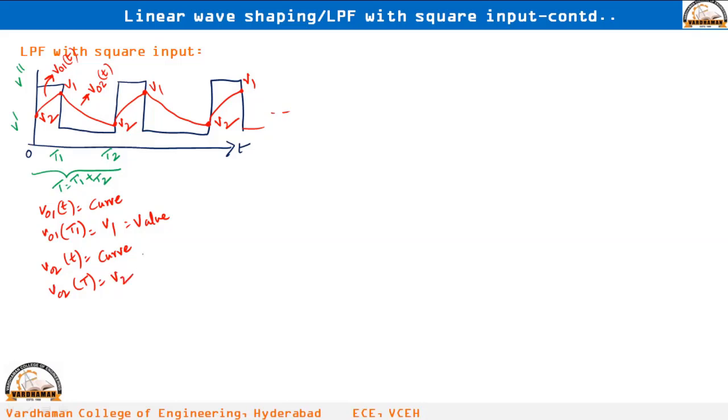Like this we can analyze. Our intention is to get V1 and V2. For that, we are going to write equations for V01 of t and V02 of t. Then we will substitute t equal to T1 to get V1 and t equal to capital T to get V2. That is the way of doing this. Now I am writing the equation for V01 of t.